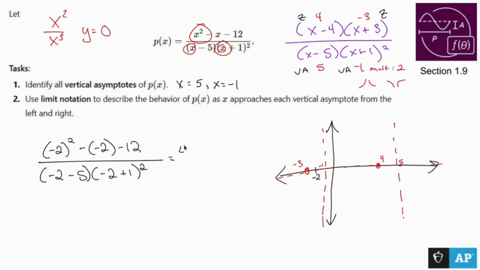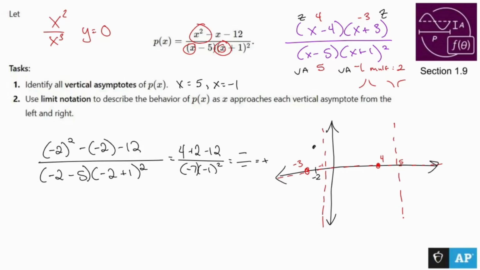That gets me 4 plus 2 minus 12 over -7 times -1 squared. 4 plus 2 is 6, minus 12 is a negative on the top. -7 times a positive is a negative on the bottom. So you're going to be positive.